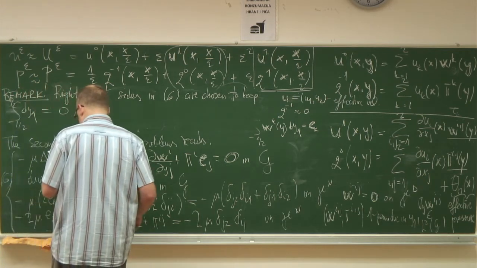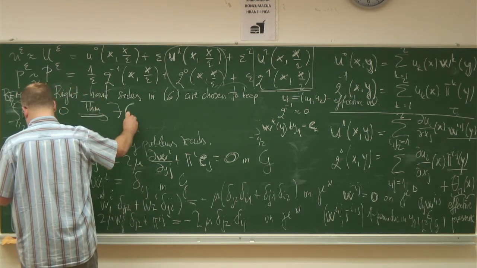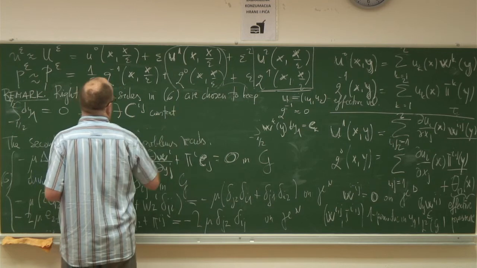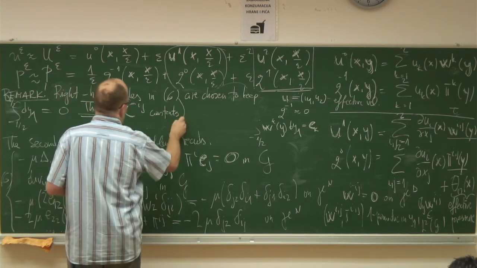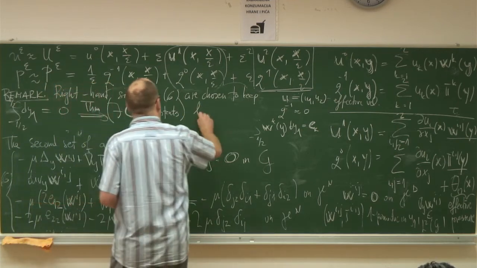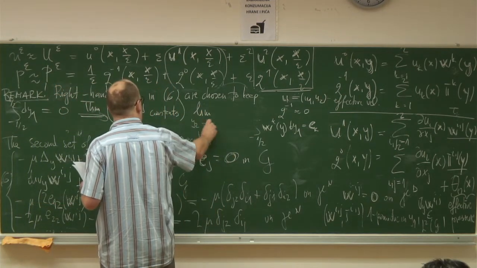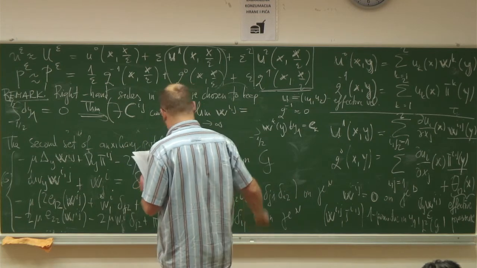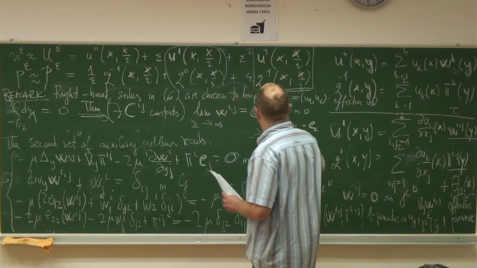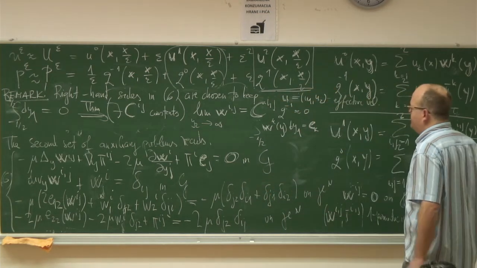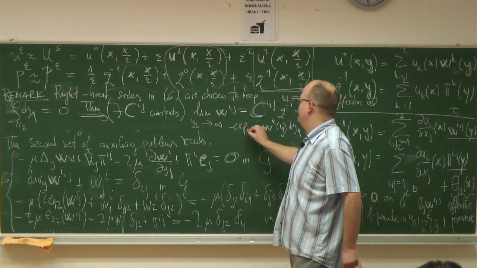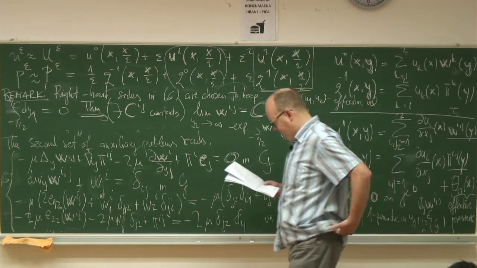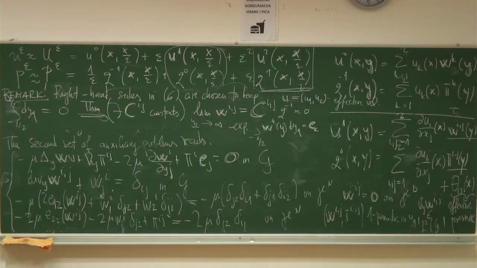towards 0. So there exists some constant vectors such that exponentially. Okay?